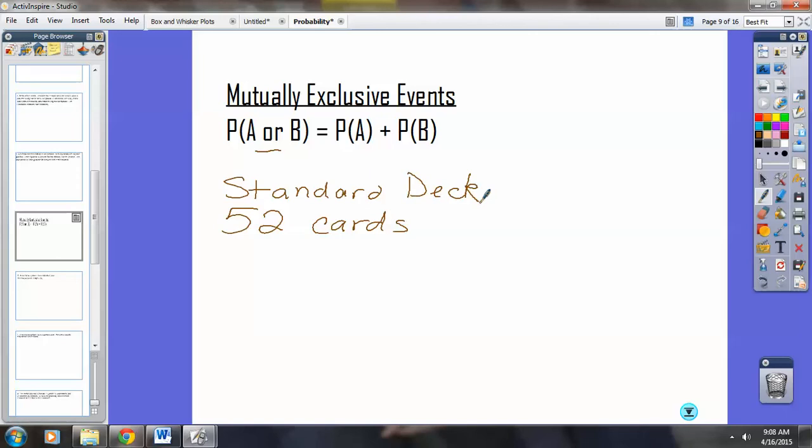Of those 52 cards, they are divided into 4 categories. What are those 4 categories? Hearts, diamonds, spades, and clubs.